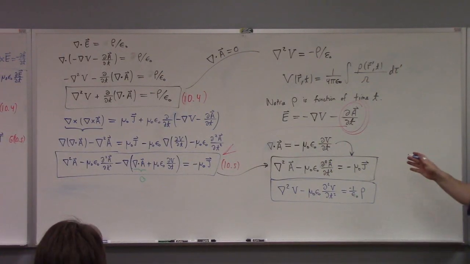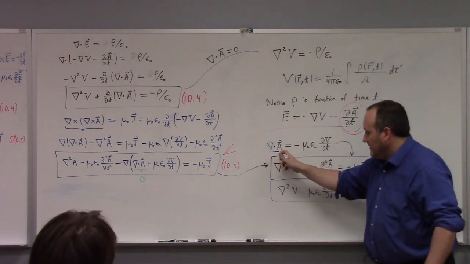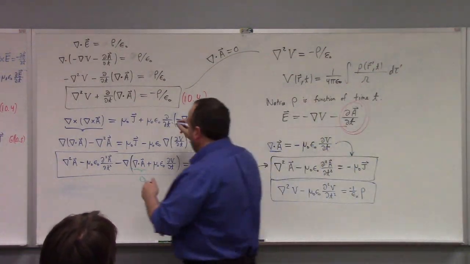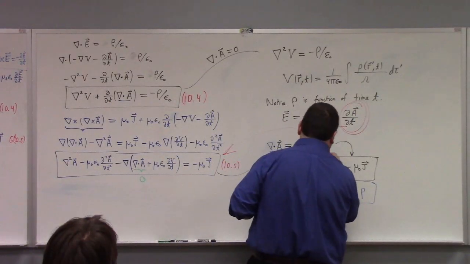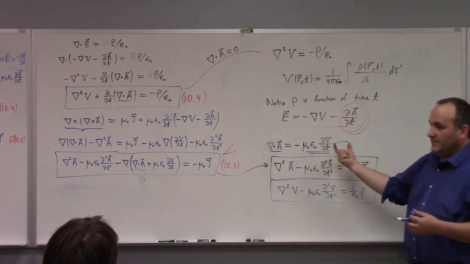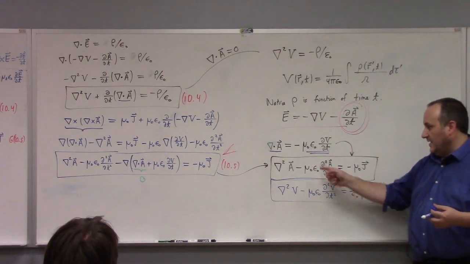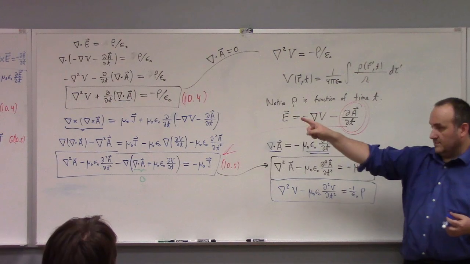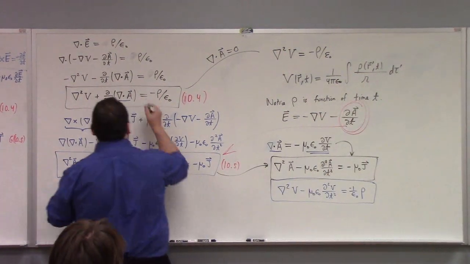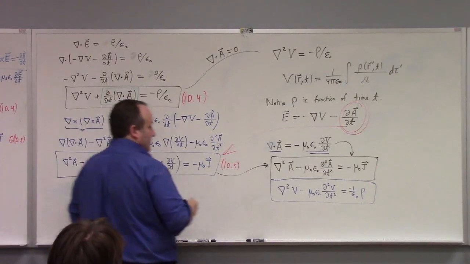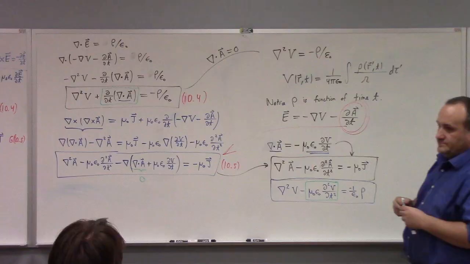Do you guys track what I'm doing? What I'm doing is I'm replacing this divergence of A with this business. And when I do that, I've got a time derivative of a time derivative, which gives me a double time derivative. And I pick up this constant, which I pulled out. So just to color code for a second, in the Lorentz gauge, this term becomes this term. That's all that happened.